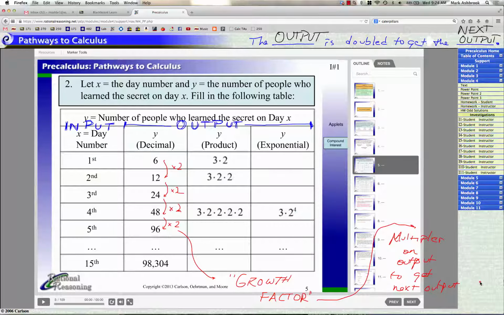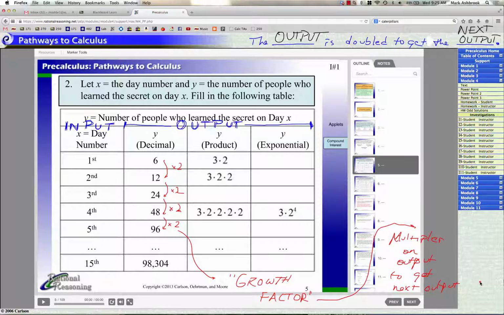So if you have a growth factor like 10, then what kind of growth do you get? Every time you advance the input by 1, it's going to multiply the output by 10. And so what kind of growth is that? Slow or fast? Super fast growth, right? So this is what we think of as exponential growth.